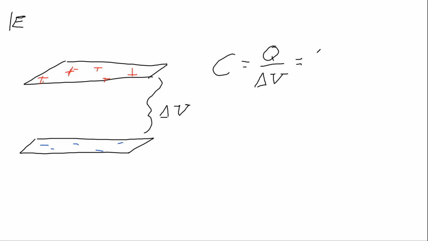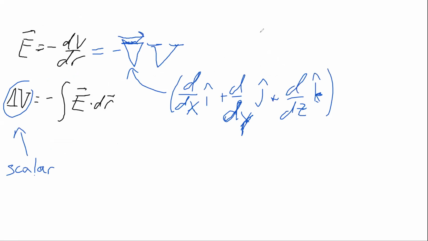I'm just going to focus on the magnitude of the electric field, which equals your change in voltage over change in distance. Where did I get that equation from? Let me go back a few slides. Right here, I got it from here.